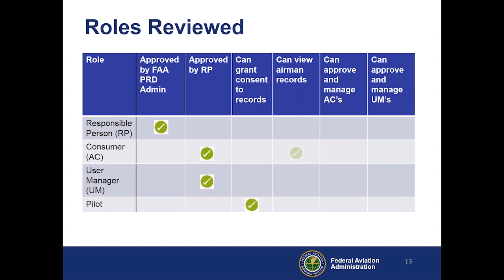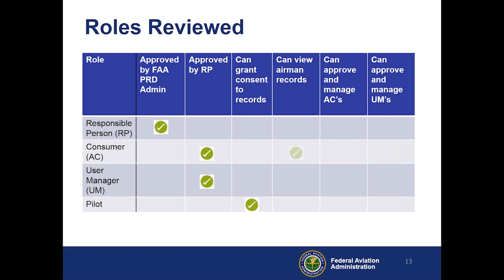Well, the only person that can grant consent is the pilot. So that only happens with the pilot role. And this also applies if you happen to hold both roles. Maybe you are a consumer for a company, and maybe you're also an airman, a pilot. So you might have 2 different hats that you could put on in PRD.